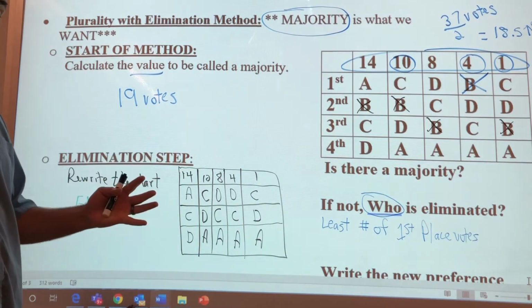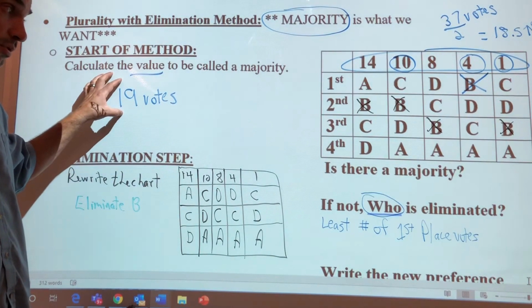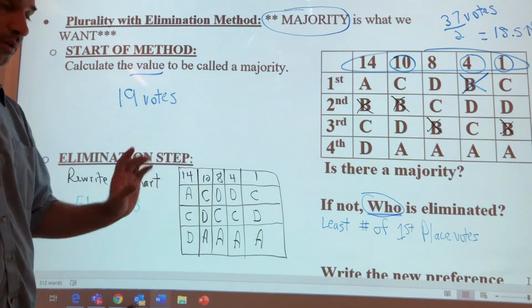And now I need to decide, does anyone have 19 first place votes? If they do, we're done. And if not, we'll have to do the step again.